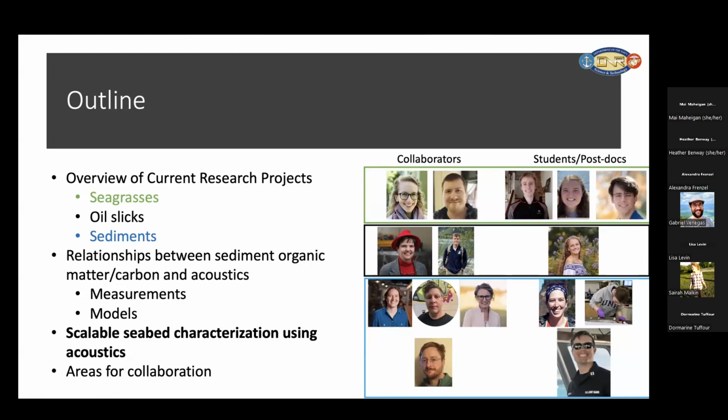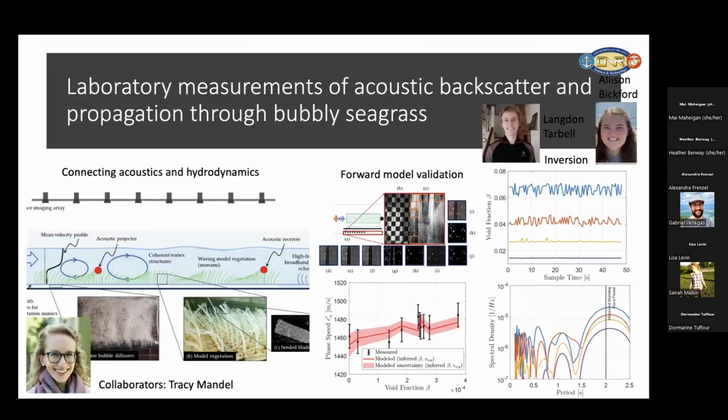Then we'll start talking about probably why I'm here, and it's this link that I found between sediment, organic matter, carbon, and acoustic properties. So I'll talk about some of those measurements, and then how we can use that relationship to do a geoacoustic inversion using a physics-based model to do some scalable seabed characterization. And then we'll talk about potential collaborations.